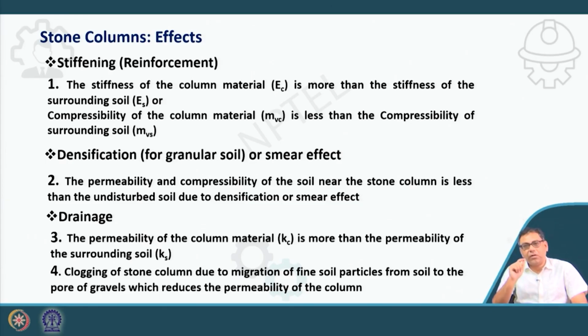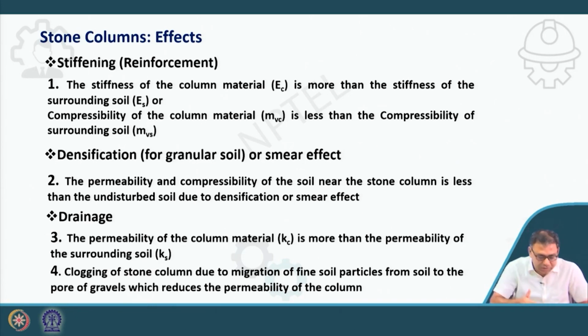That is called clogging. Because of that, if we block the pores of the stone column, definitely the permeability of the stone column will reduce. So the effectiveness of the stone column to act as a drainage path will also reduce.